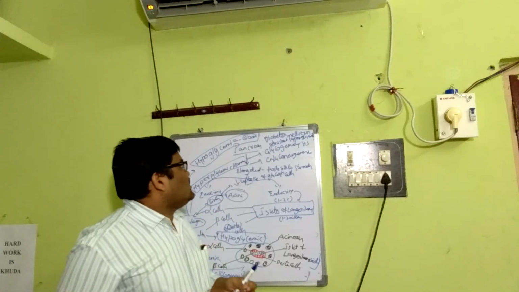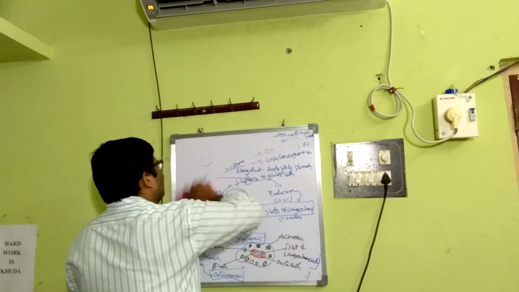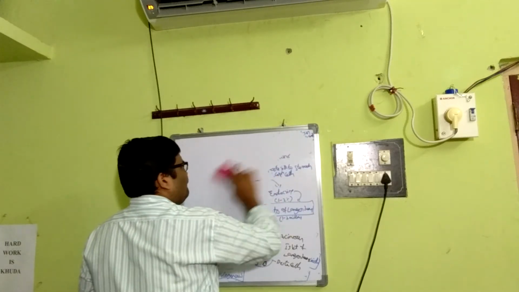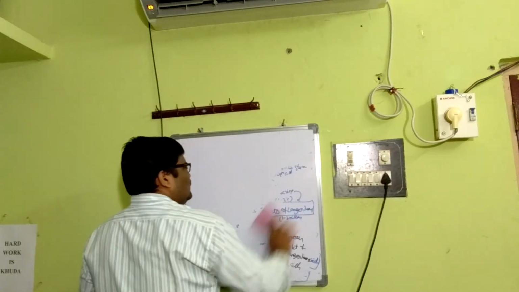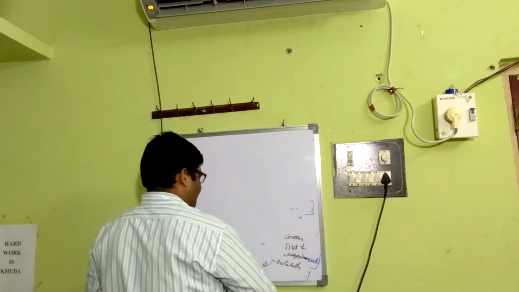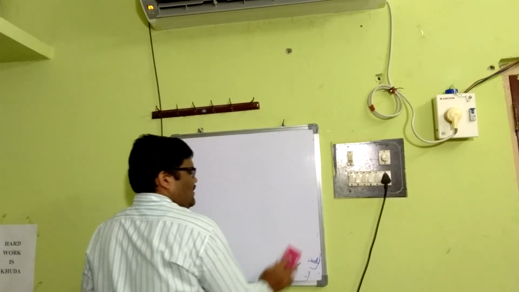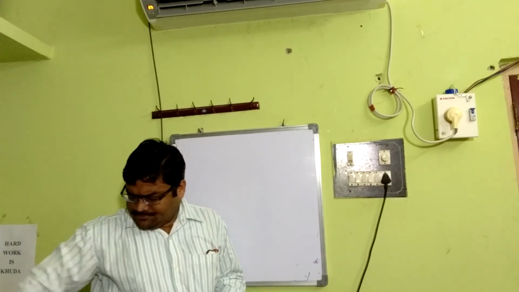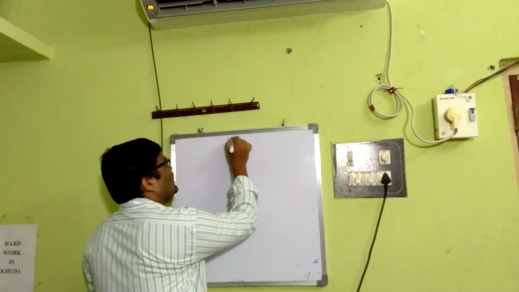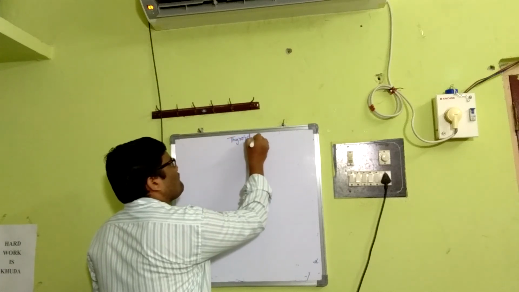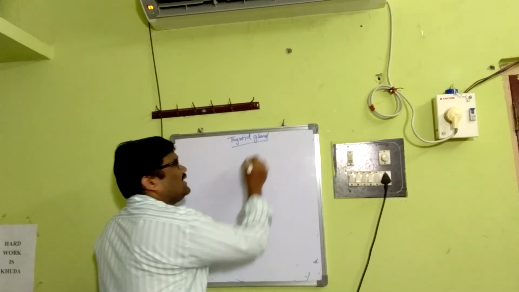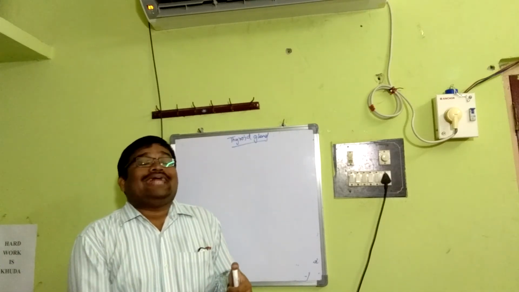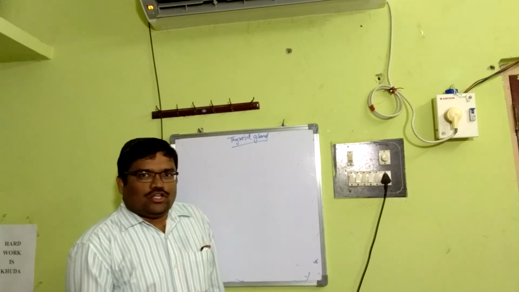Okay, that's about the pancreas. Then another important endocrine gland is the thyroid gland. The thyroid gland is the largest endocrine gland, and it is endodermal in origin.